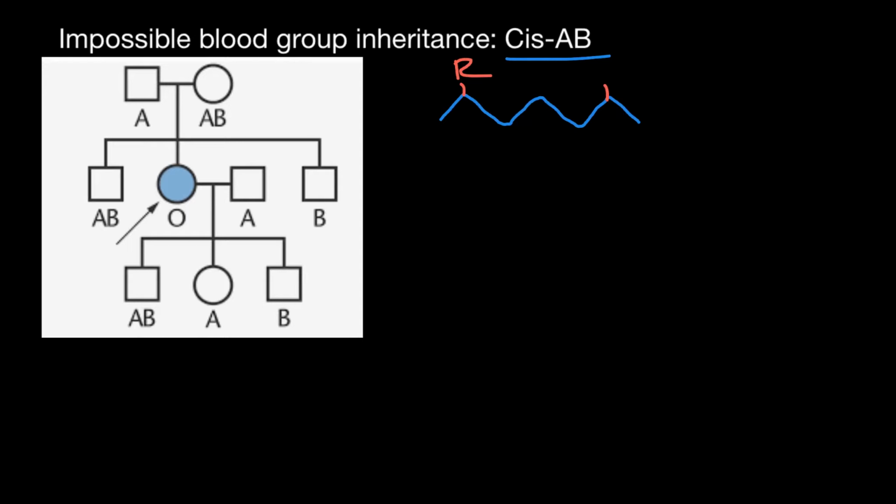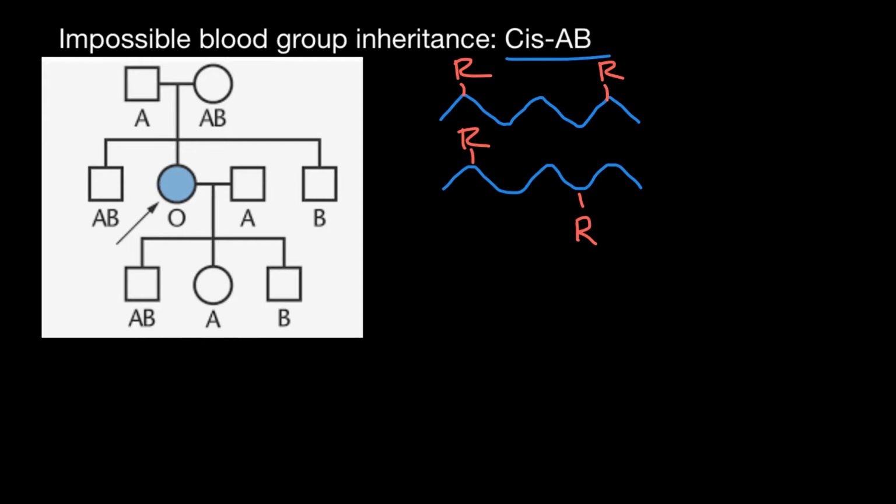And trans means that we have R groups on different sides. For example, here and here. But we cannot apply the same rule to genetics. We have double-stranded DNA. And what do we mean by Cis AB?